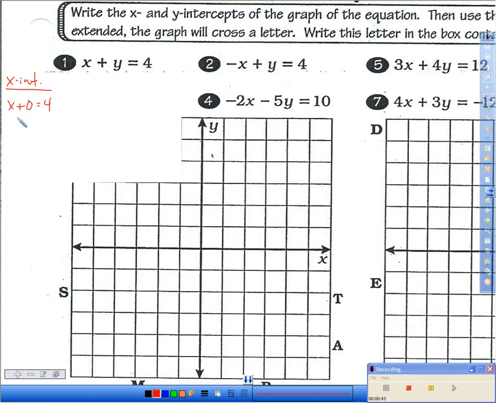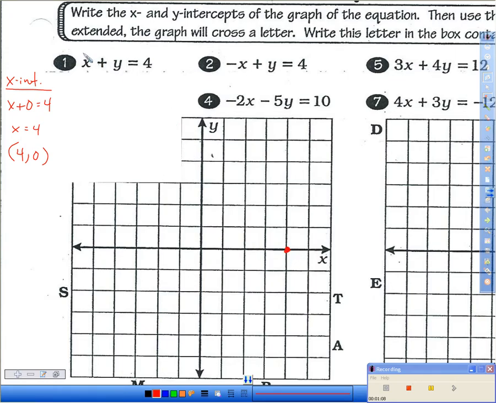If we simplify the left-hand side, x plus 0 is just x. So x equals 4. So our x-intercept is going to be (4, 0), since our x value came out to be 4, and the 0 that we substituted in for y would be our y value. So (4, 0). Let's go ahead and plot that point. 1, 2, 3, 4, 0 would be located right here.